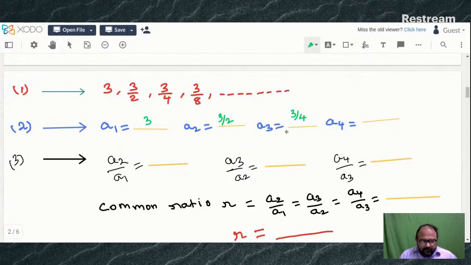And what is the fourth term? 3 by 8. Now you find a2 by a1. What is a2? 3 by 2 divided by 3. This is equal to 3 by 2 divided by 3. It becomes 1 by 2.